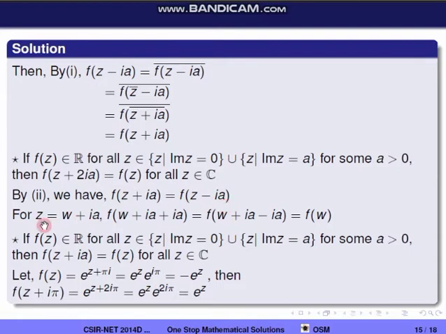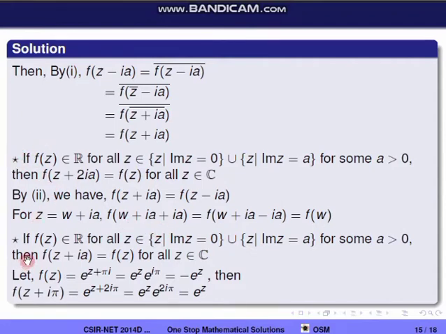Now if I replace z is equal to w plus iA, then we have f of w plus iA is equal to f of w plus iA minus iA. That is f of w plus 2iA is equal to f of w. So we have this condition here as the same. So this option is also true.